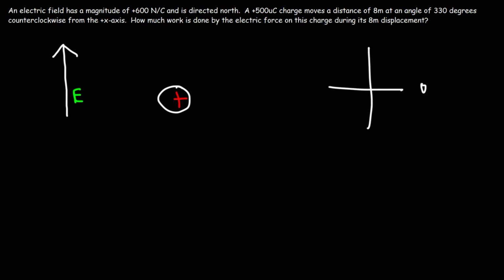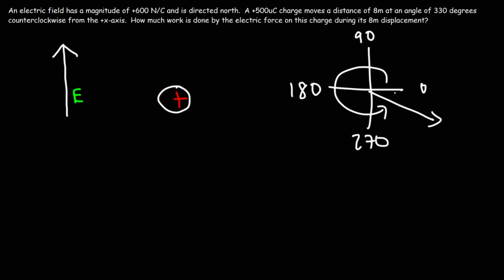So we know this is 0, 90, 180, 270. So 330 is over here. If this is 330, then that creates a 30-degree reference angle. So the charge is moving in that direction.